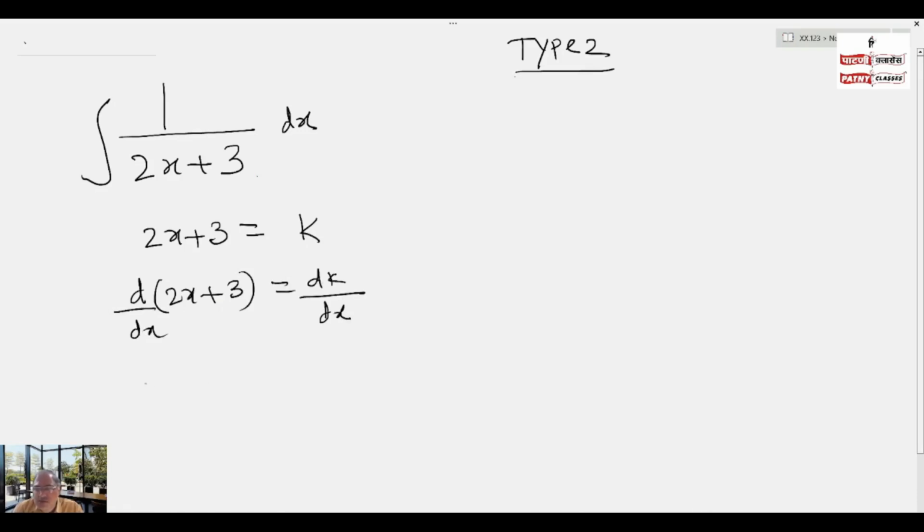Of course, this is an easy method, and rectifying is not required here. You only must know the basic formula, that is integration of 1 upon x equals log of modulus x with base e. If you know that formula, the remaining thing is not to be memorized, not even learned, you only come up with the logic here.